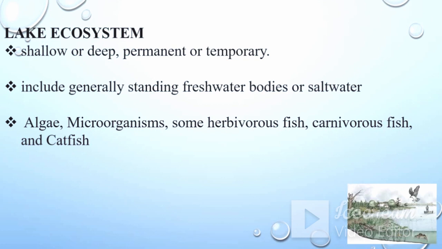Here, the algae is the primary producer. Microorganisms and some herbivorous fish derive energy through these algae as aquatic feed.